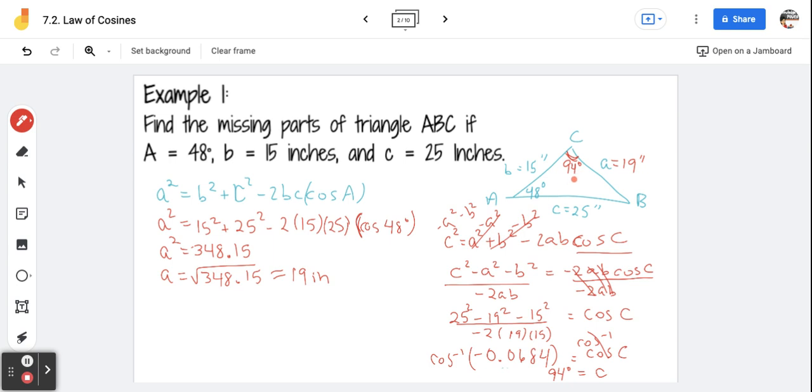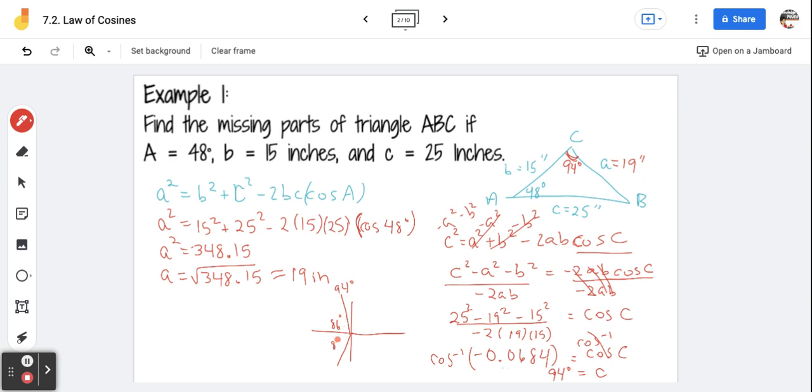All right. Now remember cosine, let me just address this issue right here. If you're thinking, well, all right, 94 degrees is right here in quadrant 2, cosine is also negative down here. And if this was 94 degrees, 180 minus 94 would leave an 86 degree reference angle.